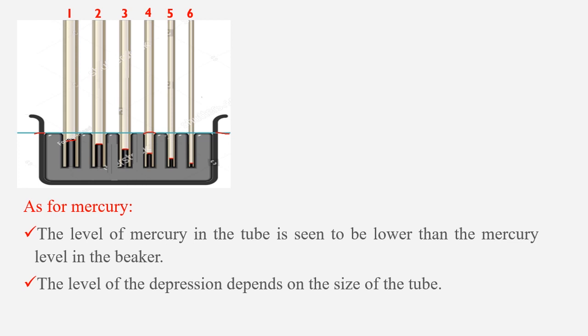That means tube 6, which has the smallest radius, experiences more depression of mercury, while tube 1, which has the highest radius, has a lower depression. But a good fact to note is that each of the tubes experiences depression of mercury as compared to the original level of mercury in the beaker.